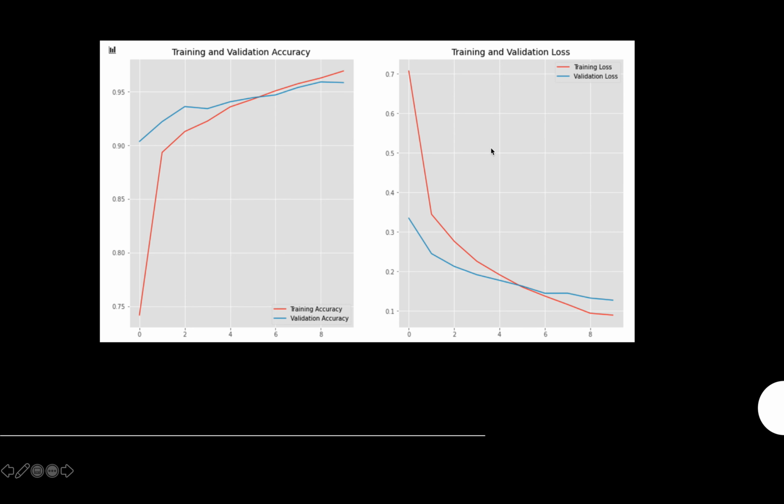On the right hand side, you also see the loss function, where after 5 epochs the validation dataset has a higher loss, the MSE. So I think the right number of epochs would be around 5. So this is where I will tune my model, switching the number of epochs to 5.